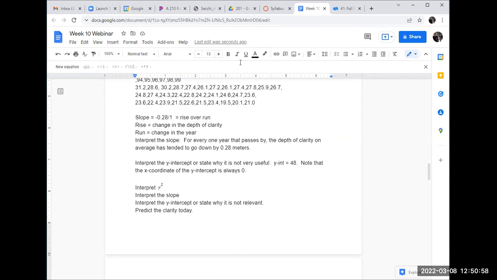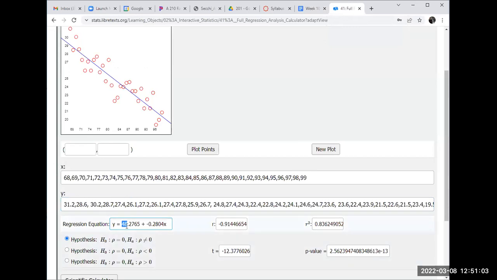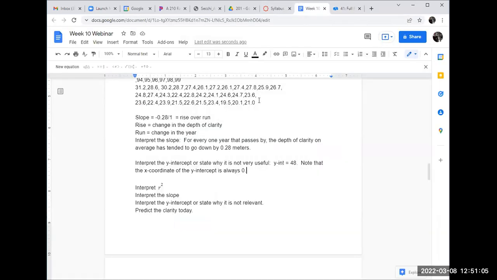Does that make sense? And our y-intercept, again, was 48. And these are meters. You're not going to be able to see 48 meters. I mean, that's just silly.